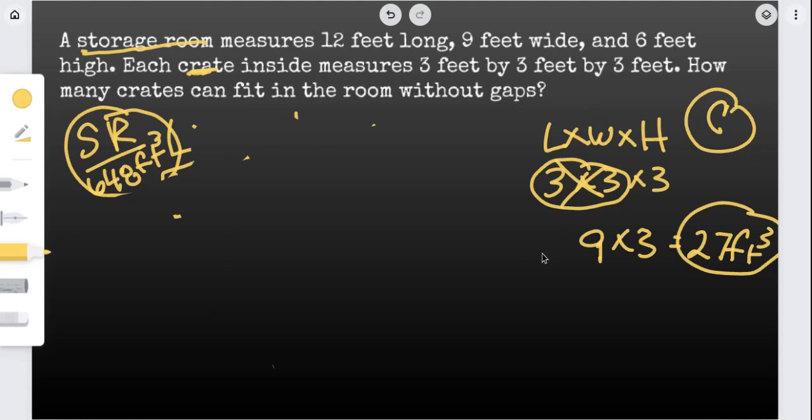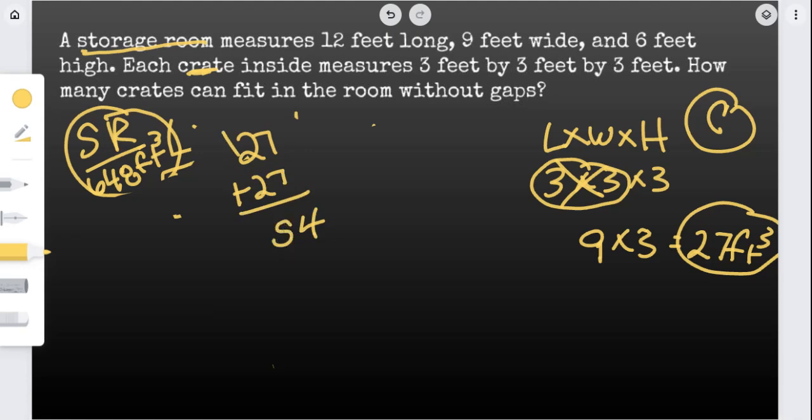Now what I have to figure out is how many of these will fit evenly into that. So I could really just think to myself, I could add 27 up until I get to 648. That would be 27, and then 54.